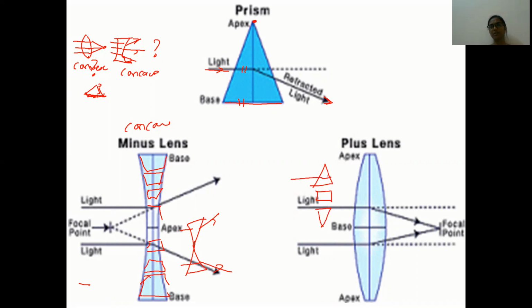When you pass light rays, they converge towards the base and go straight. So all rays will move and get the image. Clear, children? This is how lenses converge and why they diverge. This is what we call converging and diverging lens, also called the plus lens and the minus lens.